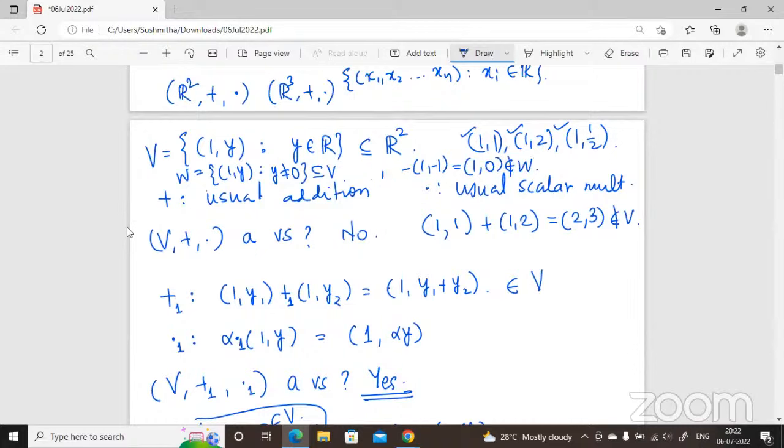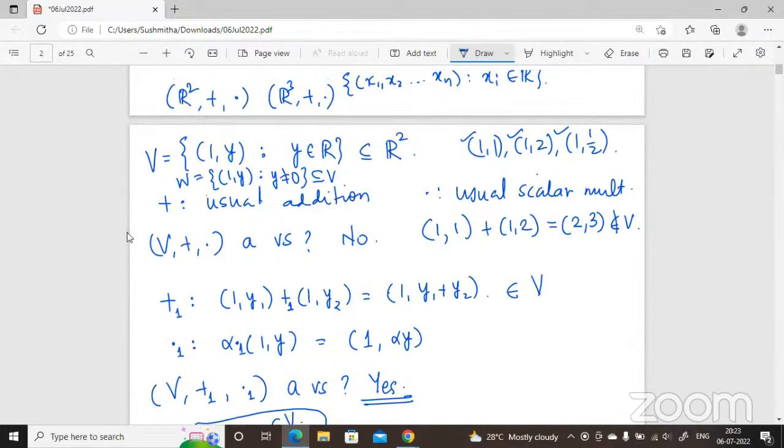Ma'am, I don't really understand the notation (V, plus, dot). V is a set, plus is an addition that is defined on V, dot is a scalar multiplication that is defined on V. That's all. So what is this notation exactly?